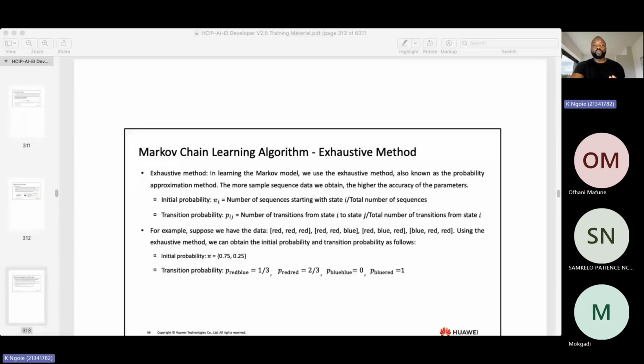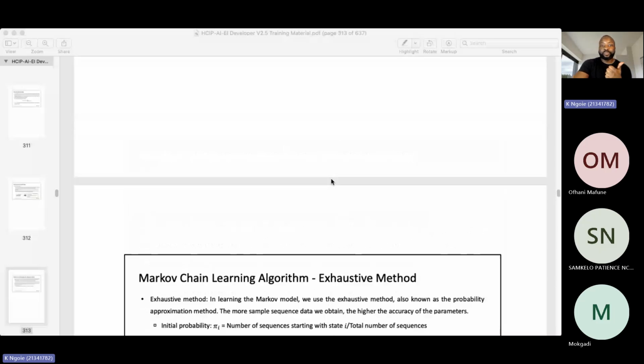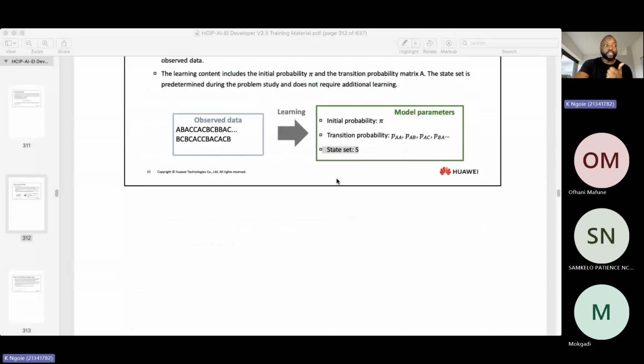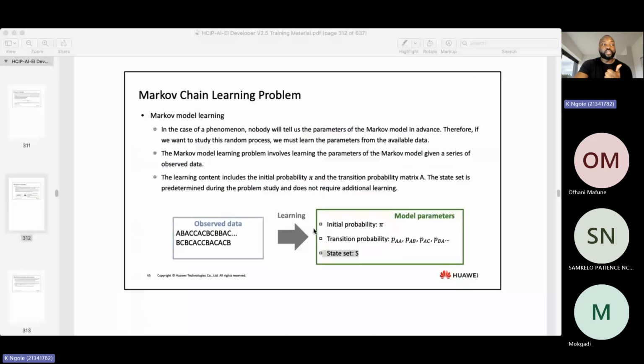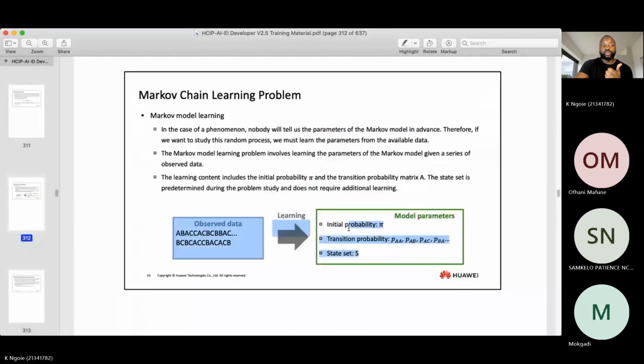All right. So when we look at that, the input in that case will be the initial probability. The initial probability is usually represented by pi, and it is the probability of starting in each state.